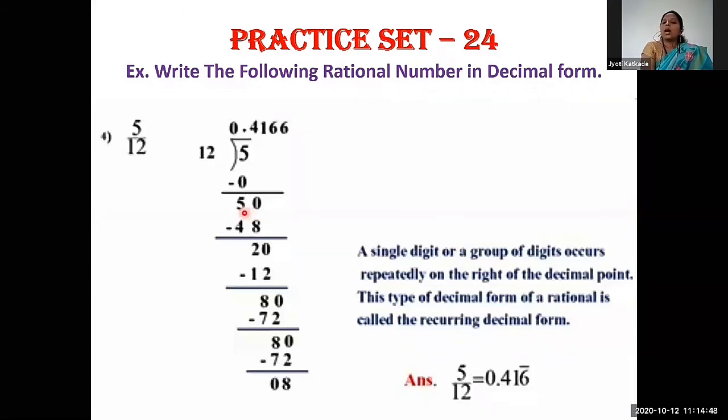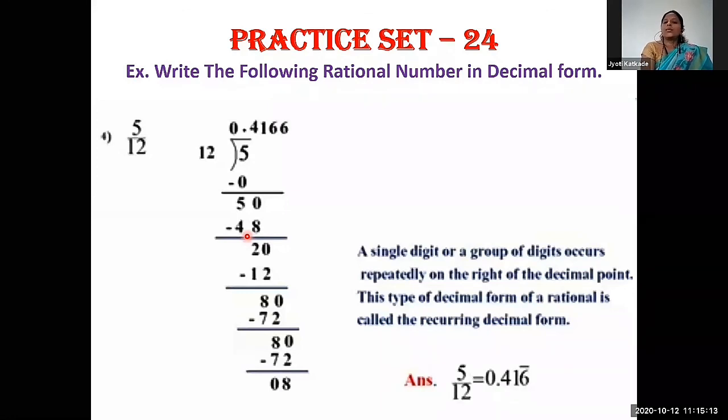Now 50 is not in the table of 12. So take the nearest smaller value, which is 48. 12 4s are 48.